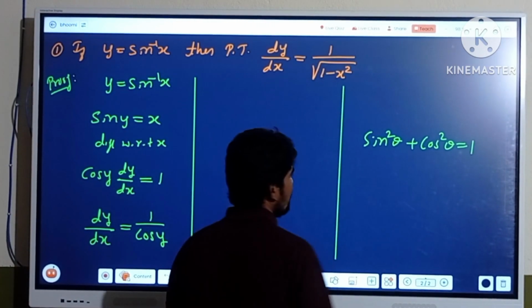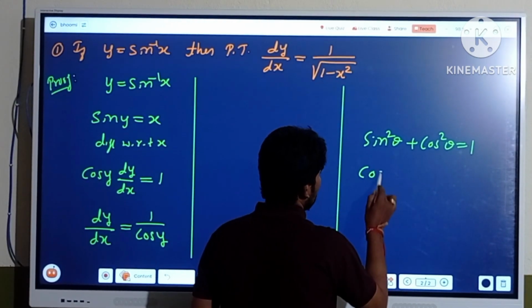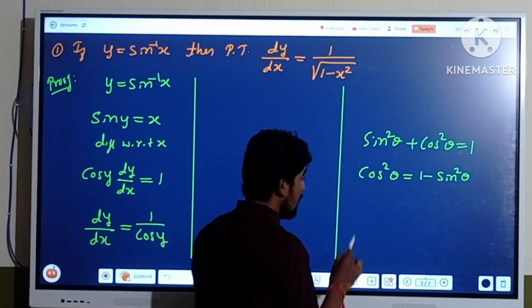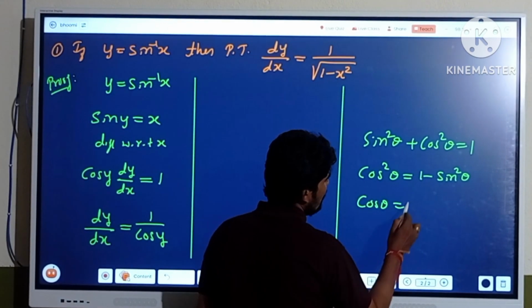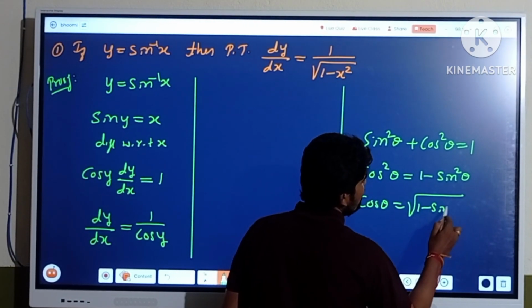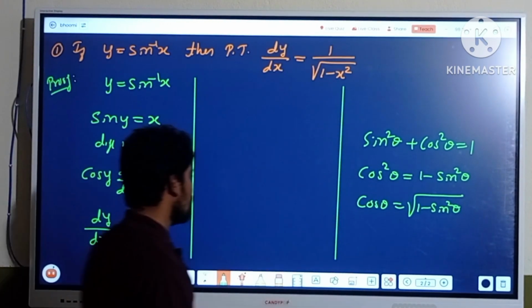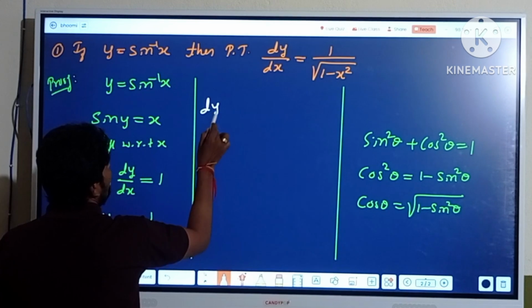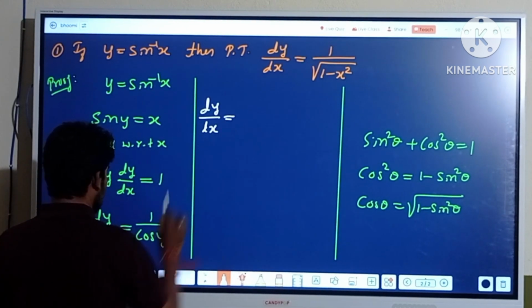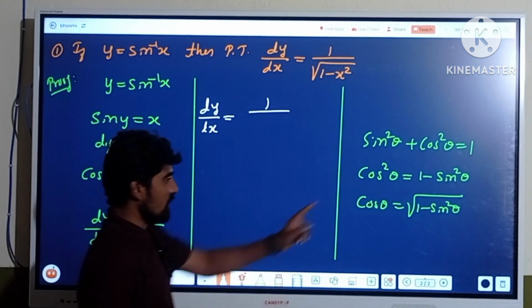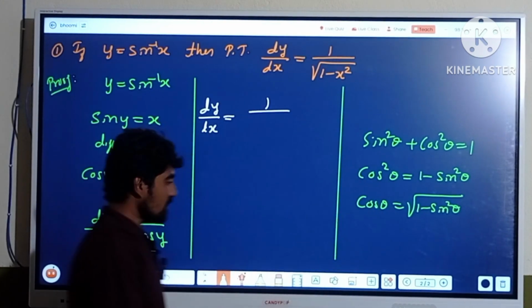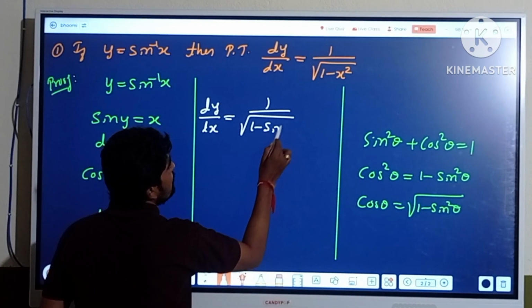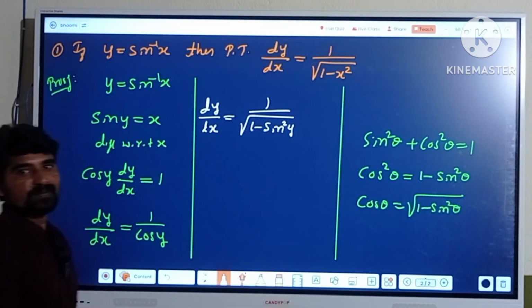So from this identity, cos square theta can be written as 1 minus sin square theta, and cos theta is equal to square root of 1 minus sin square theta. So dy by dx is equal to 1 divided by, since cos theta is square root of 1 minus sin square theta, cos y should be equal to square root of 1 minus sin square y.